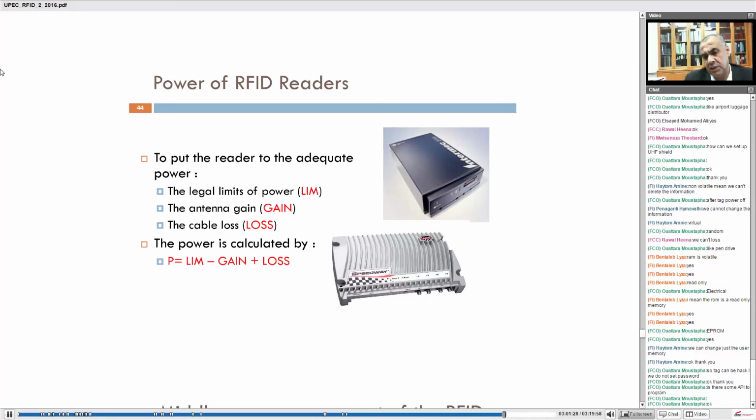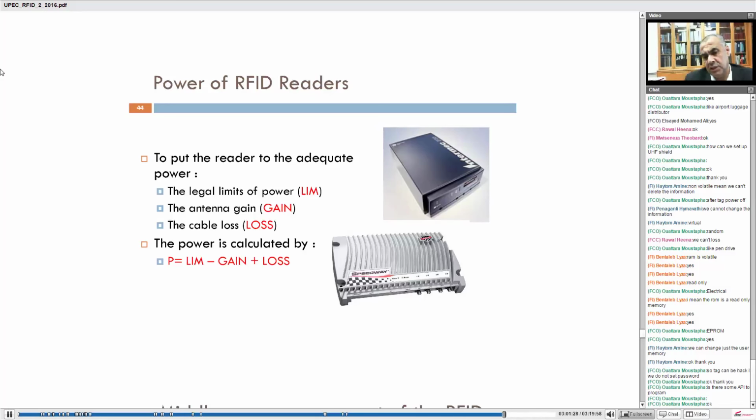Middleware management of the RFID. You have a middleware, which is a software that manages your RFID network. It manages the information collected by the reader and integrates information for the company, depending on what you are doing, shipping, inventory management.